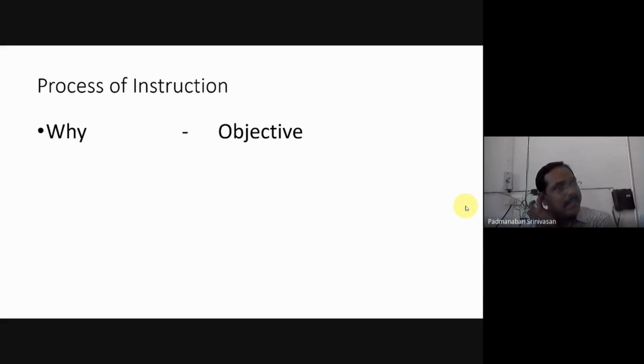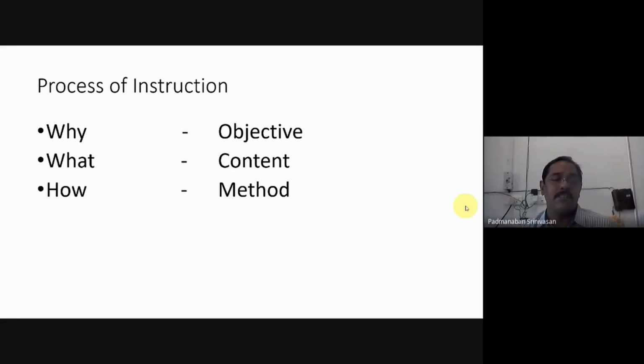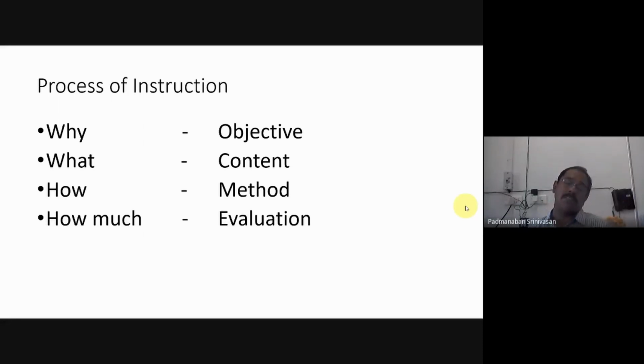Our instruction, our teaching. The process of instruction may be split into four: why of instruction, what of instruction, how of instruction, and how much we taught. Why do we teach?